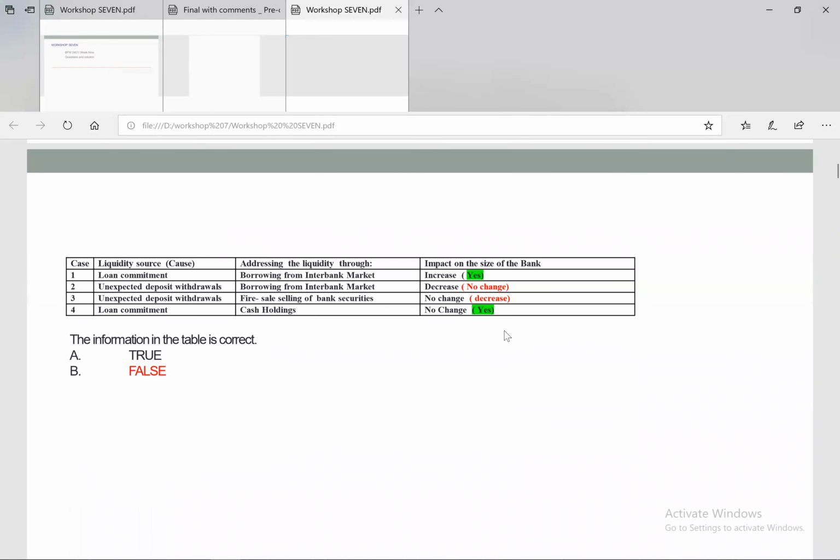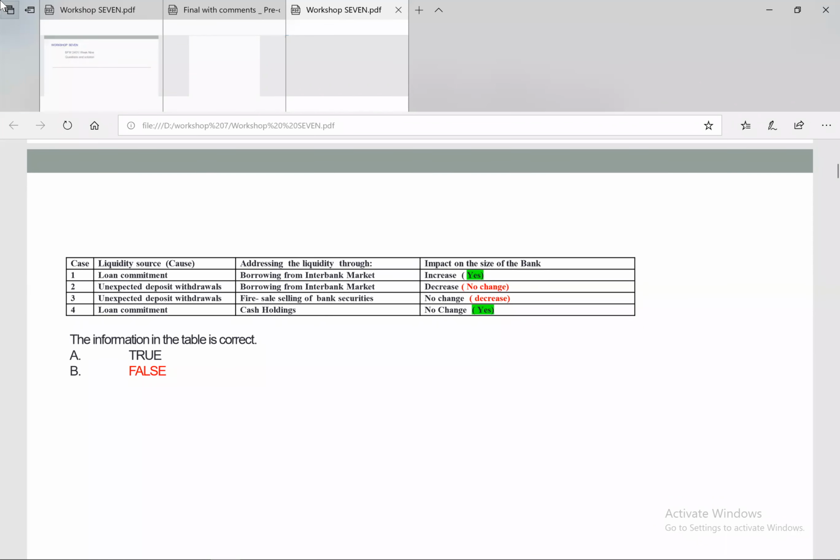So all of those around 17 questions, the first 17 questions are actually about liquidity, and I want you to look at them. So this is the first question.